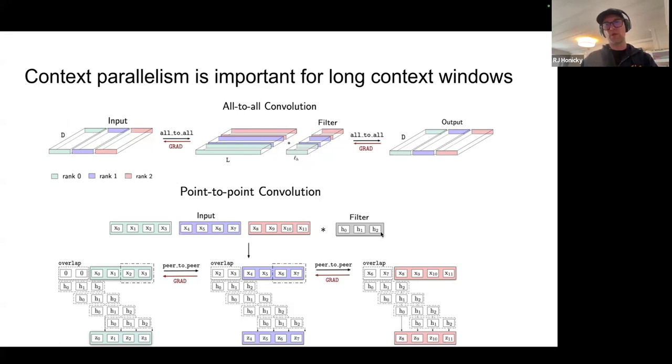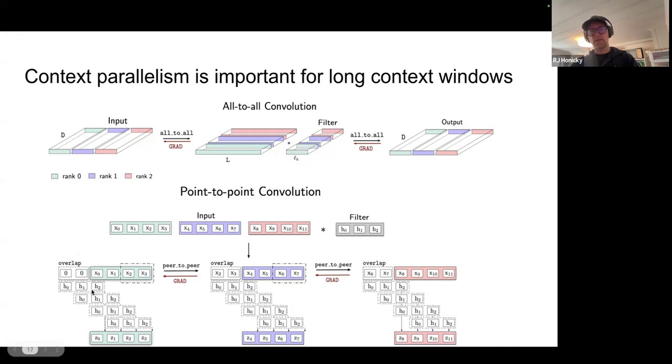This one is more obvious to me, and fortunately we just went over the ultra-scaling handbook, and sequence or context parallelism is covered there. I think it's a little bit simpler for convolution than it is for attention.